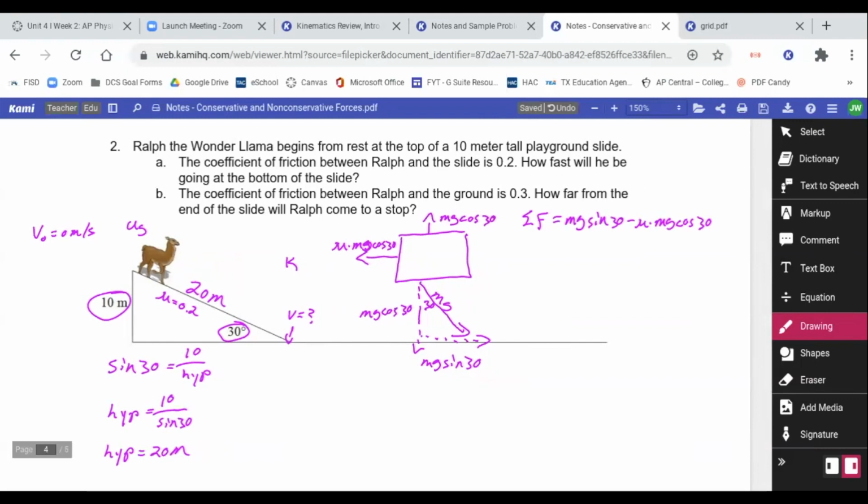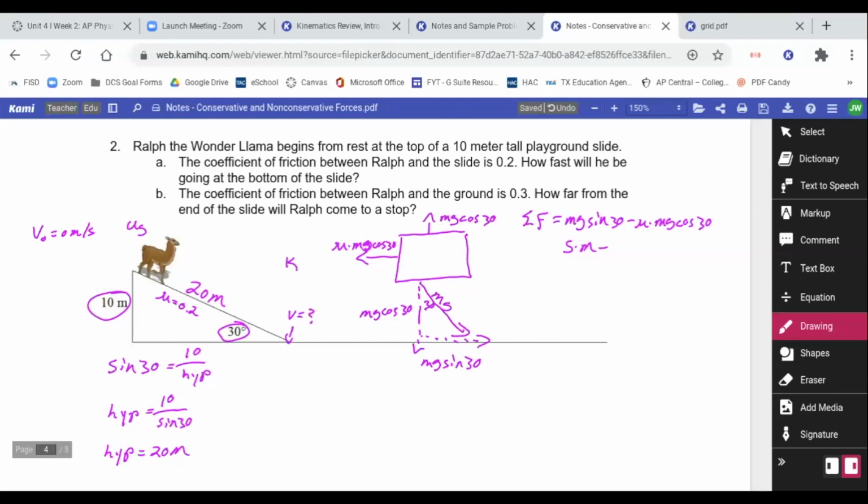Let's clean this up with some numbers and do the best that we can. Don't know m, but g sine 30, that is 10 sine 30. In my calculator, I get 5. So here I get 5 times mass minus the coefficient. All right, so what is the coefficient? 0.2? 0.2 times 10 is 2, right?